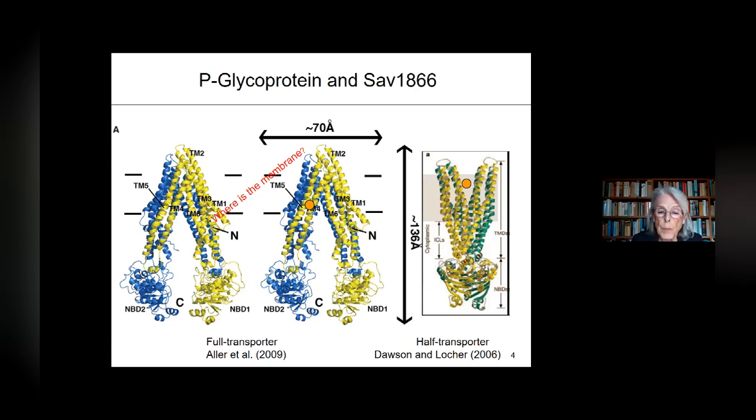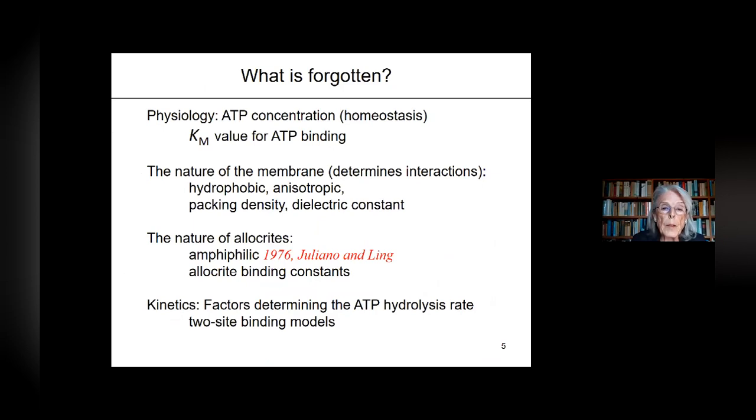What does it do? We know that the first publication of P-glycoprotein was by Juliano and Ling, and they identified the transporter, and they found that the substrates were all amphipathic or amphiphilic. And there are more things to remember.